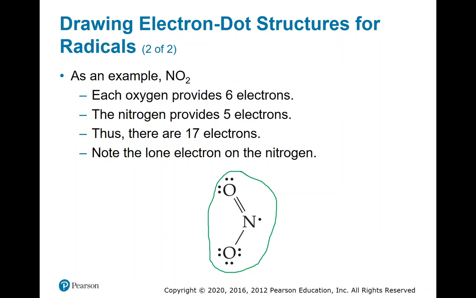That oxygen has 2 lone pairs around it, a nitrogen-oxygen single bond, and that oxygen will have 3 lone pairs on it, and just 1 electron around our nitrogen atom. So this is a free radical since we have an unpaired electron around our nitrogen.